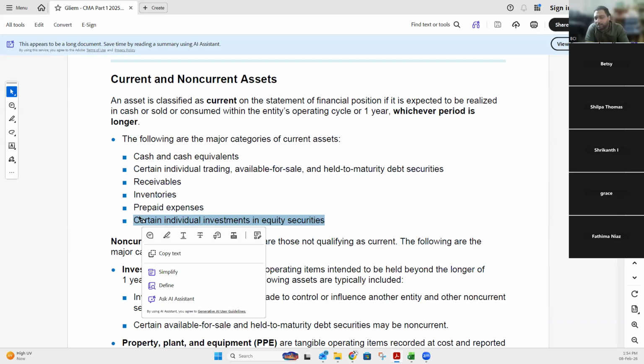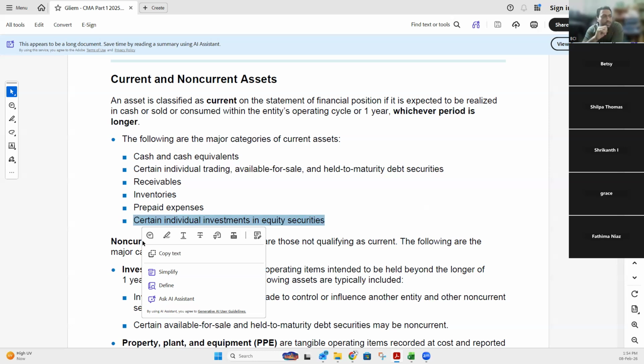For example, you bought 100 shares of Google or Microsoft. In your books, you will show it under current assets. Why? Because you will be selling it in the near future. If you're holding more than 50% of shares or voting rights, or purchasing the shares for control, then you will never sell it, right?